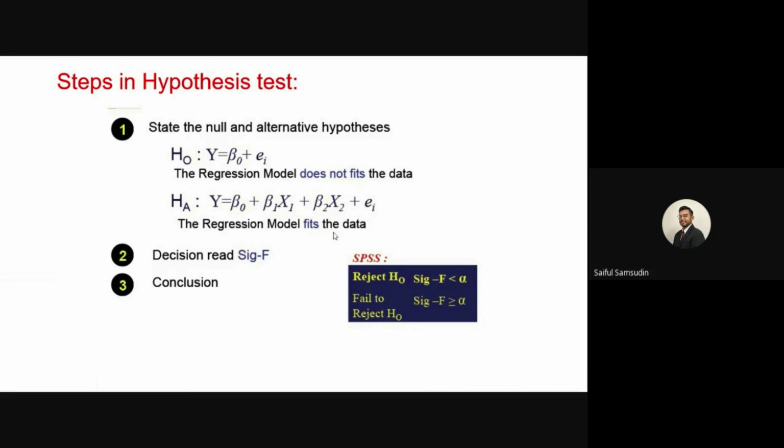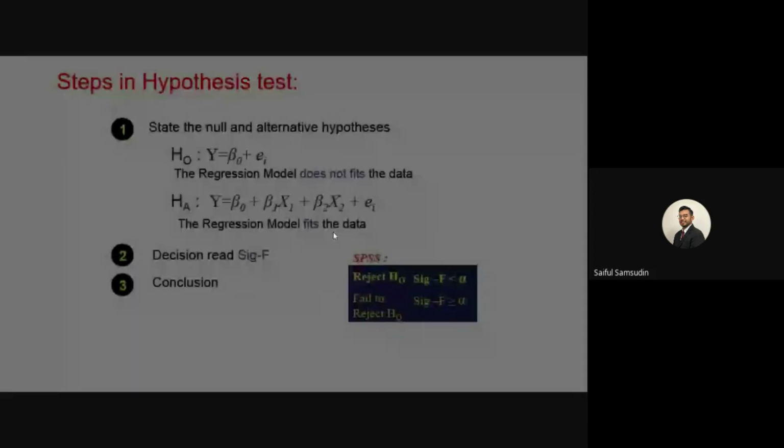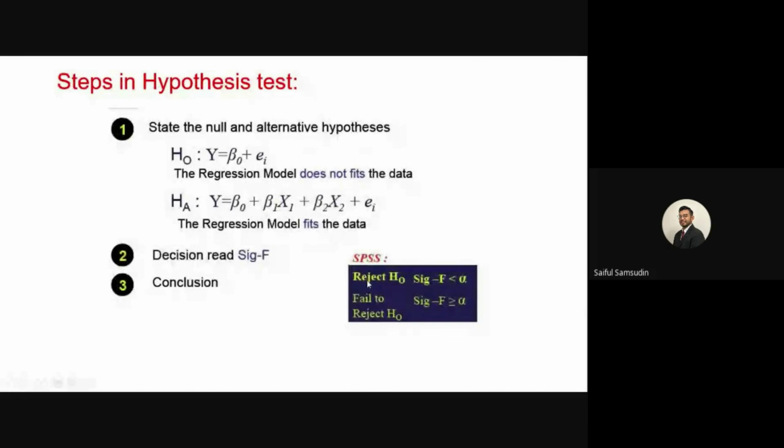So how do we know whether the regression model fits or does not fit? We focus on hypothesis testing. Sorry, before that: we reject H null if the significance F is lower than alpha.